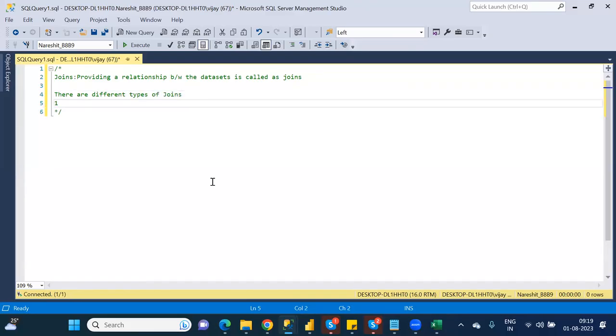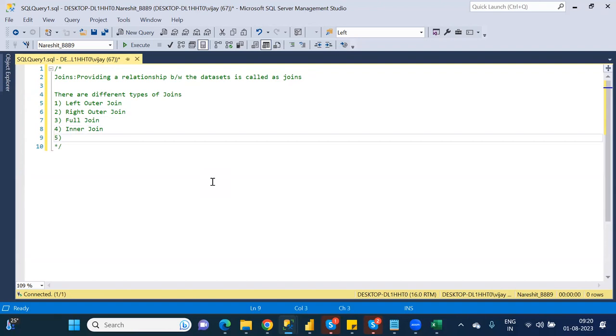What are those? Left outer join, right outer join, next one is full join, inner join, next one, what is the next one?